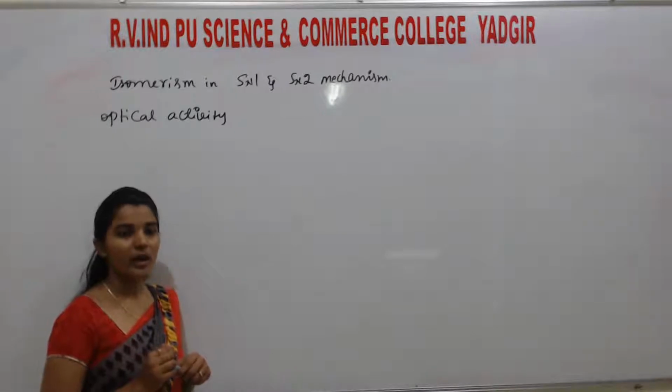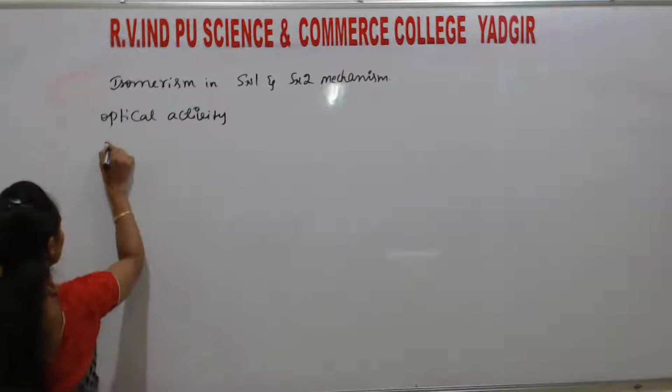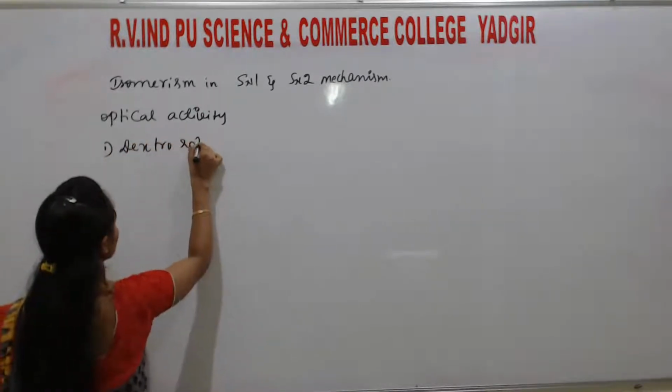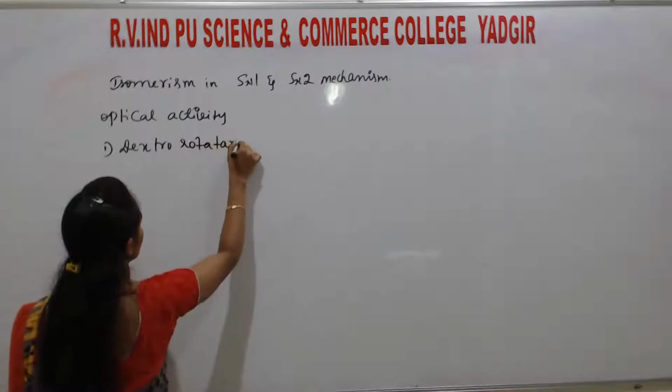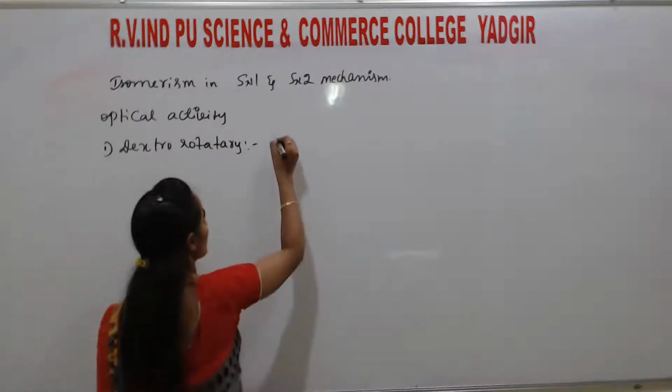Clockwise direction or anti-clockwise direction. So there are two types. One is dextrorotatory. So what does dextrorotatory mean?